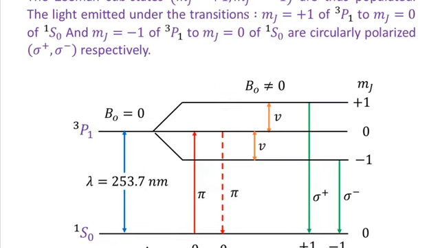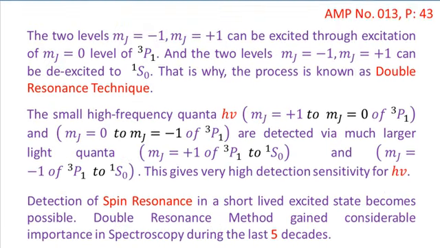And this measurement can be carried out very precisely. So the sensitivity of the system in determining the separation between the Zeeman levels is increased through the double resonance technique.